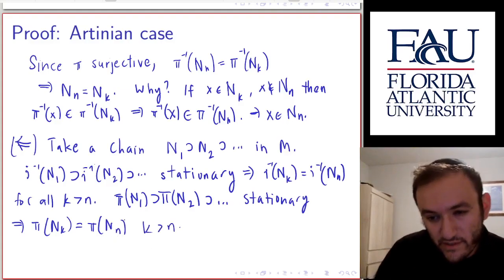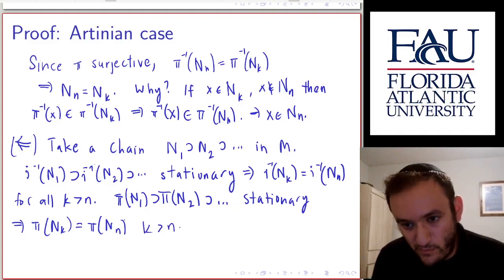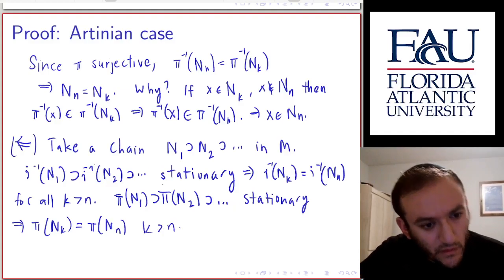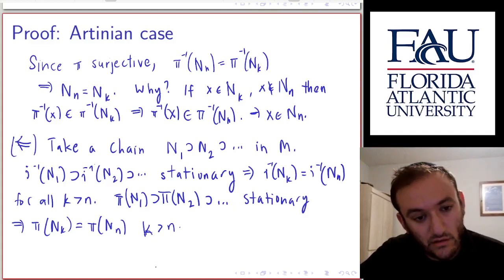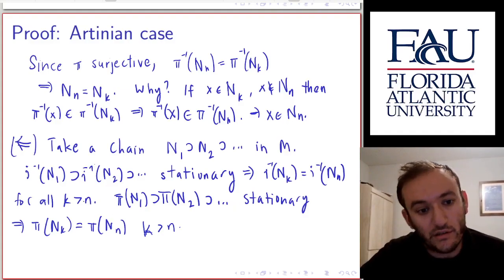I'm using the same n because you just take whichever is bigger. So what do we have as a result of these two properties, of the fact that M prime and M double prime are Artinian?